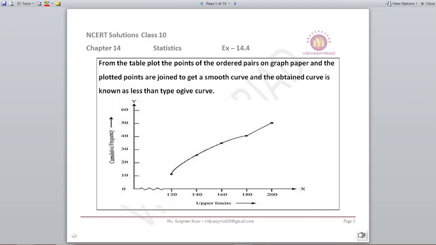We immediately jump to 120, so there is a break in between. We mention that with the help of a kink on the x-axis. The x-axis shows the upper limits, and the y-axis shows the cumulative frequencies. With the help of the pairs we mark the points on the graph, and with freehand we draw the curve. This will be the less than type ogive curve.